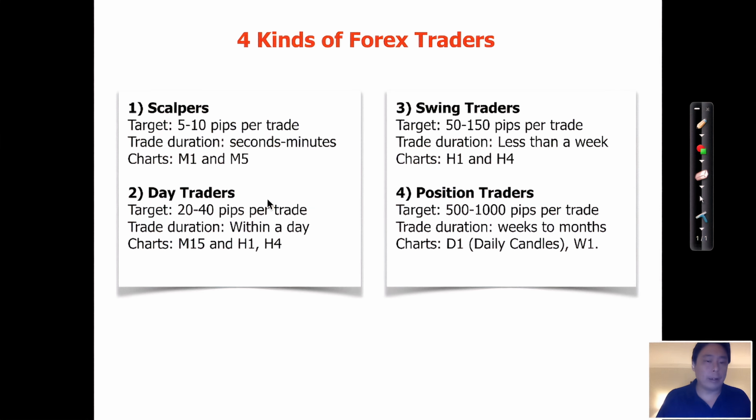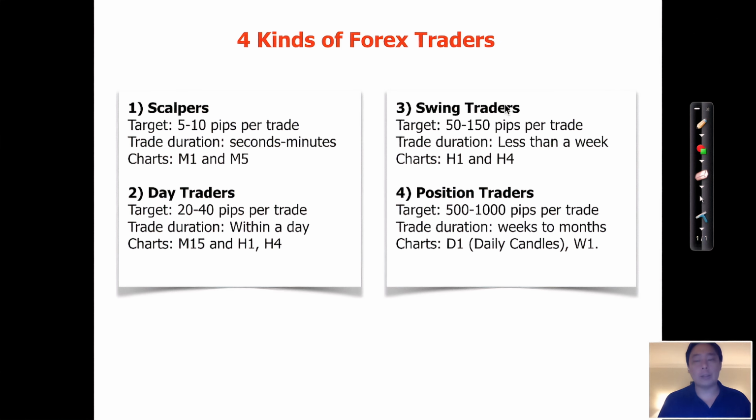Next, you've got day traders. Day traders, as the name implies, buy and sell within the day. The trade rarely passes over to the next day. By the end of the day, they close the trade. Normally, day traders would do a couple of trades a day, maybe 2 to 3 trades a day.